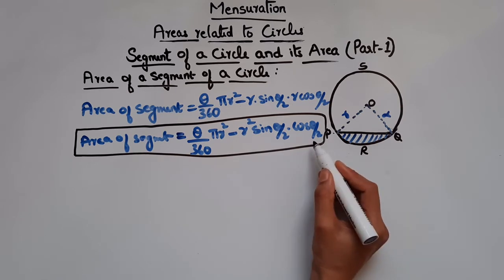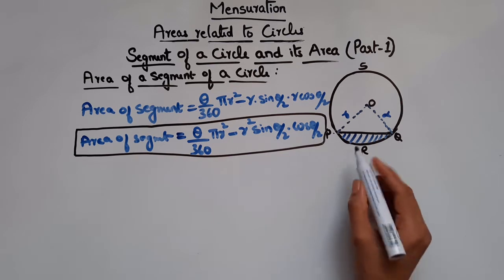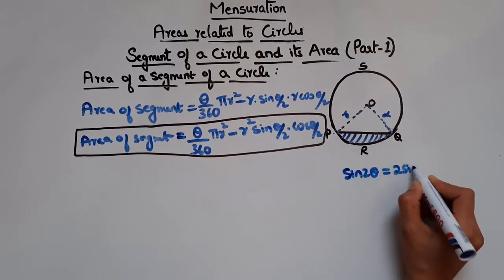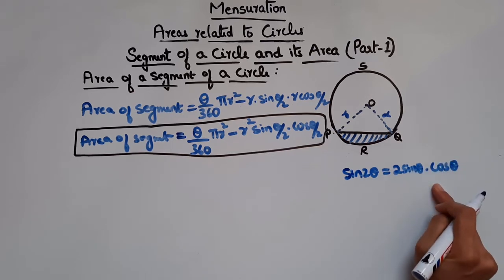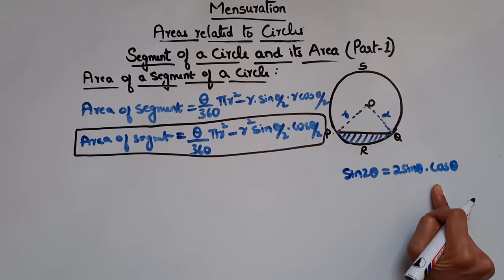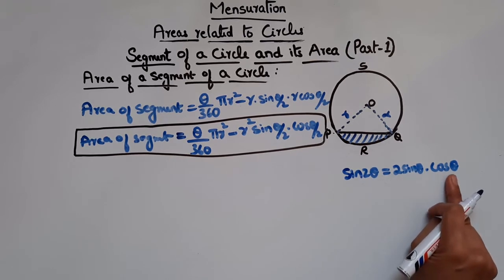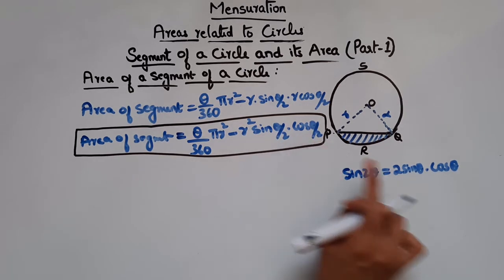So we got one formula. This you have to remember. And we will further simplify this. We know sine 2 theta is nothing but 2 sine theta into cos theta. This we have seen in trigonometric identities, right? So here if you see, we have sine theta by 2 into cos theta by 2.